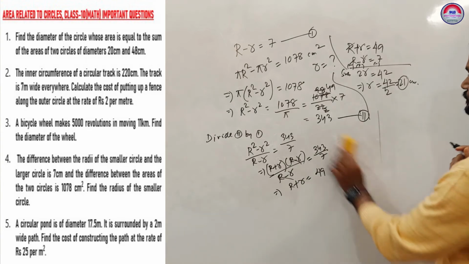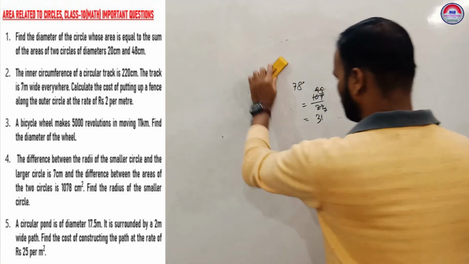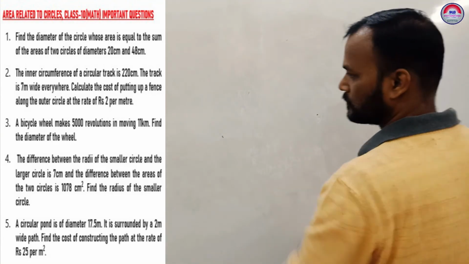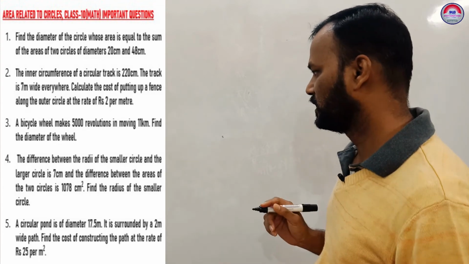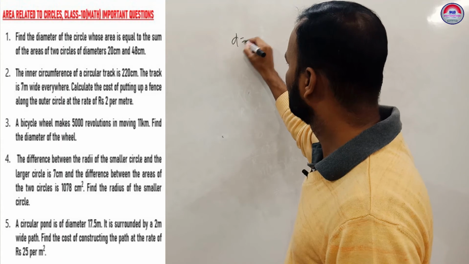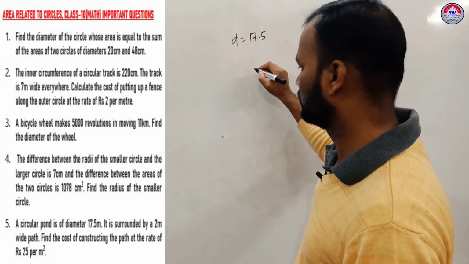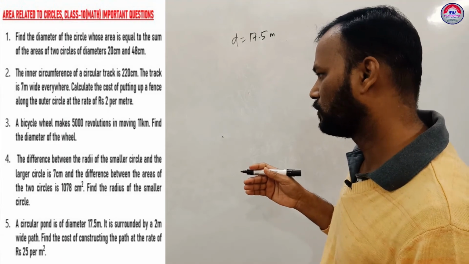Write it. Next, a circular pond is of diameter 17.5 meter, diameter d given 17.5 meter. It is surrounded by a 2 meter wide path.